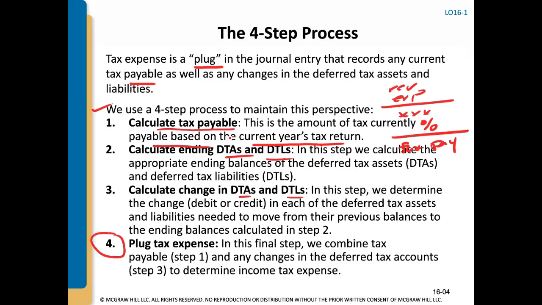And then we have a plug to the tax expense. So we calculate our tax payable, then we calculate our change in our DTAs or DTLs, and then whatever it takes to make the journal entry balance, we plug it to income tax expense.